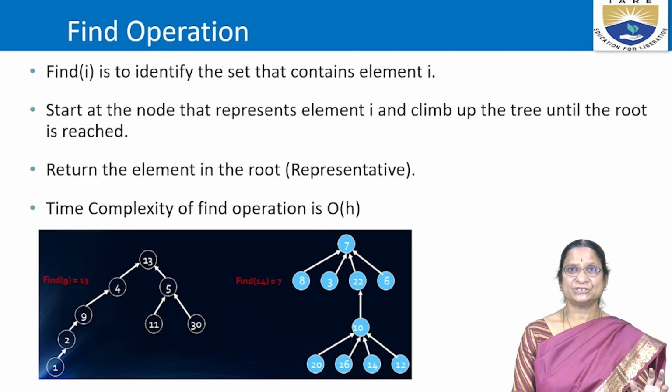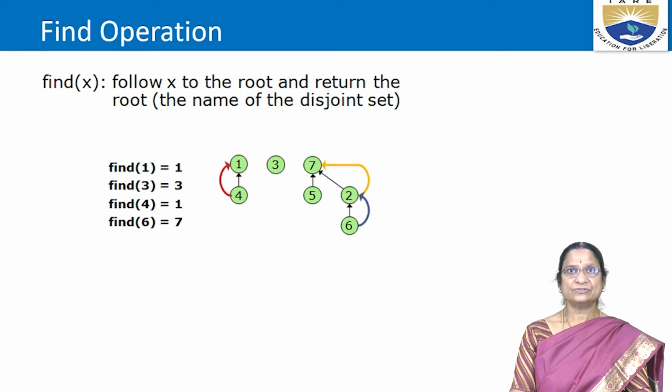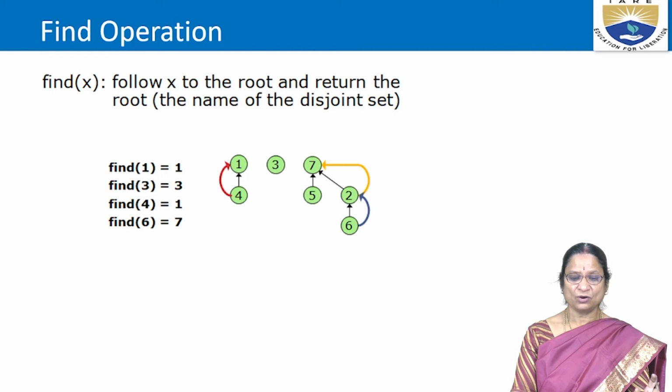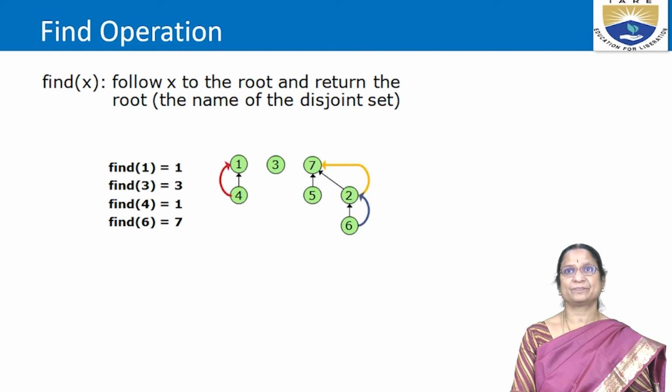That means the find operation gives the representative of the tree, or the root of the tree, in which it exists. That's all. When we consider the find operation, follow X to the root and return the root, the name of the disjoint set.